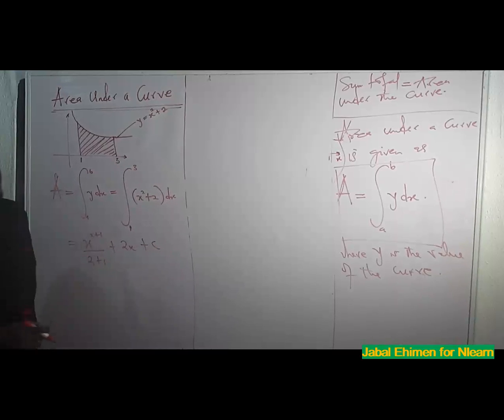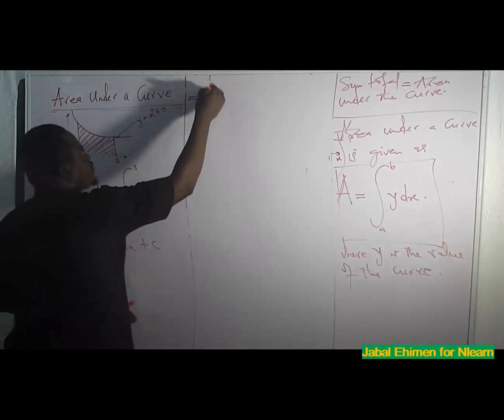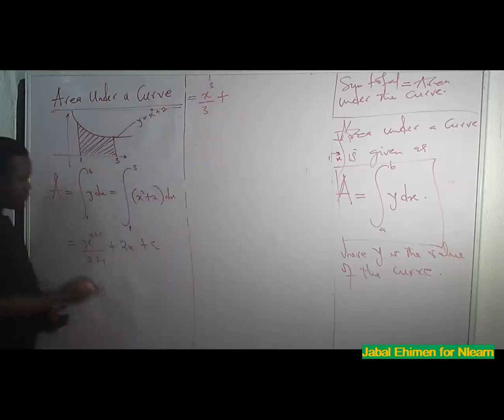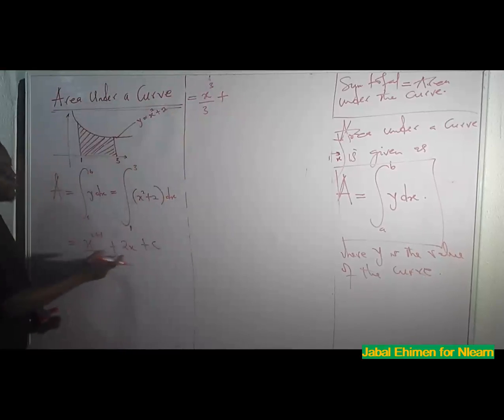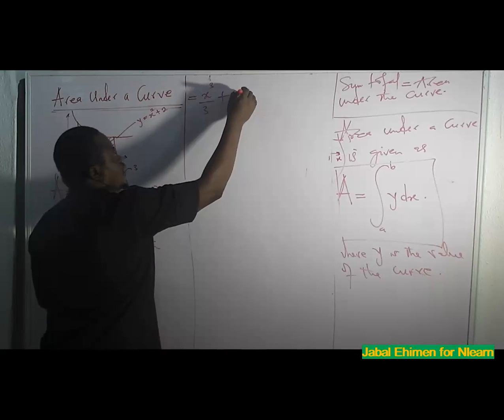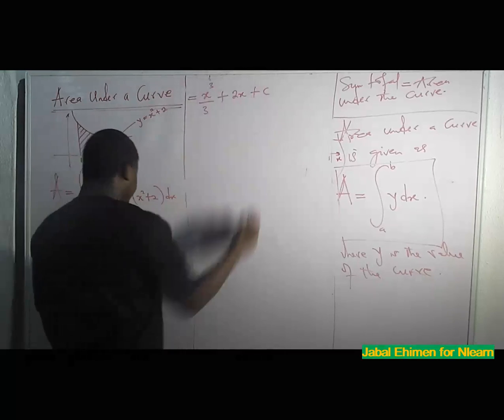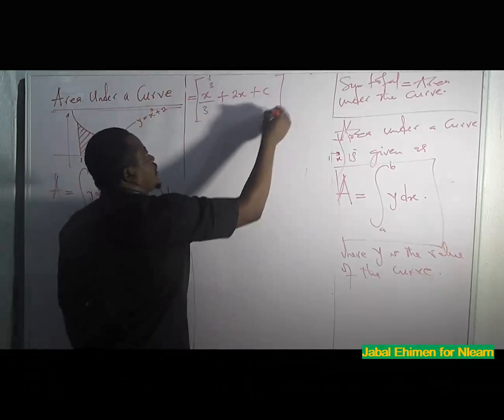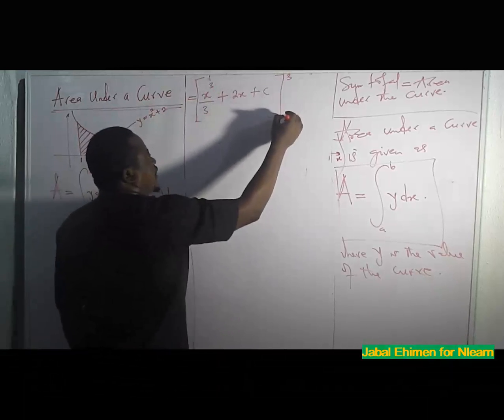That gives me x raised to power 3 over 3, since 2 plus 1 is 3, plus 2x plus c. That's your value. Now, please take a bracket on it. The one at the top will be 3 and the one down will be 1.